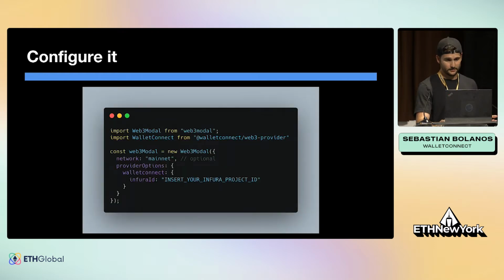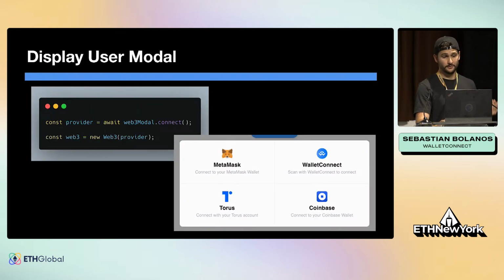So once you have it set up, you can do await Web3modal.connect, which is a promise. And at this point, the user is presented with this interface. Only when the user presses one of the options, either MetaMask, WalletConnect, Torus, or Coinbase, will that promise resolve. And then you can easily integrate it with a Web3 object.